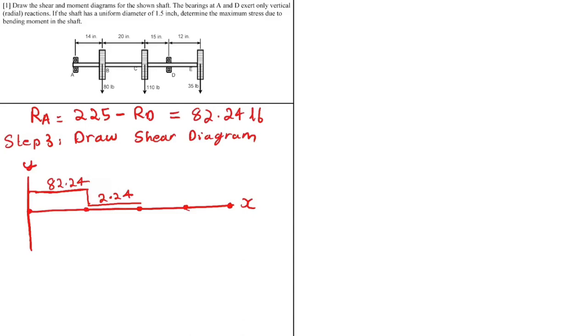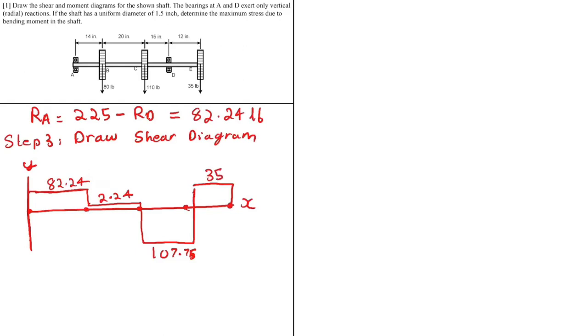So 2.24 minus 110 will go down, and this value will become 107.76 actually. And then at D we have the force RD, which we found earlier as 142.76. So that will go up, and in the end we have the force downward. This is actually 35 pounds as well.